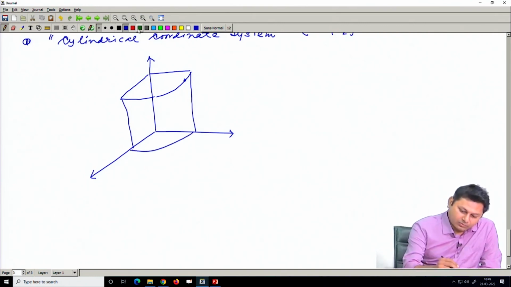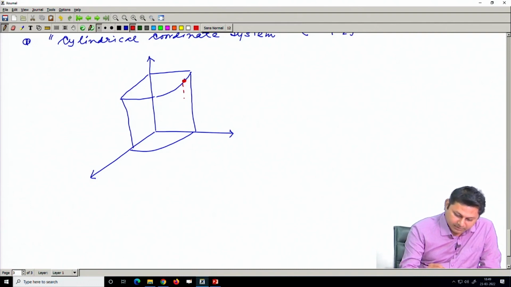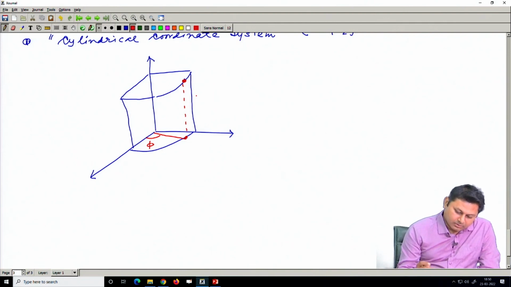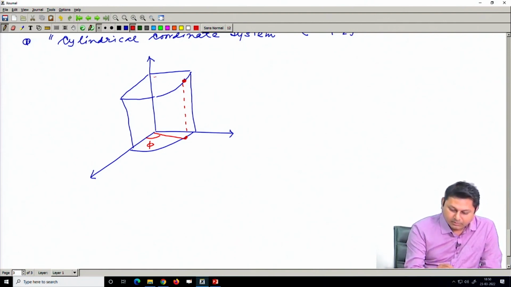Okay. Now I define the point here, this is the point say, and if I make a perpendicular here, so this is my rho, making an angle phi here, and from here it is parallel.